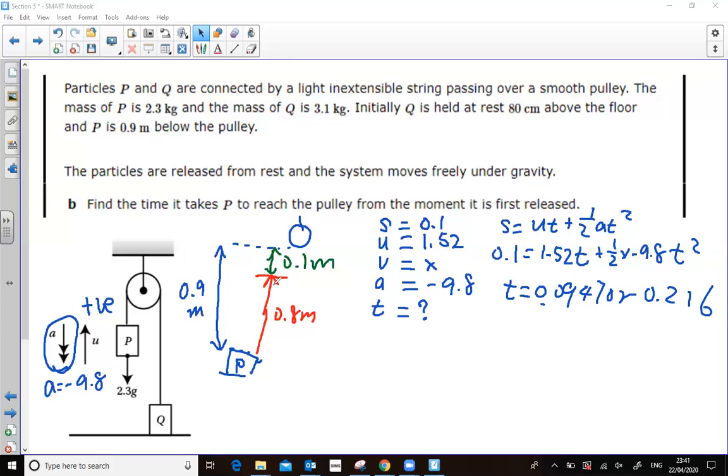Okay, so imagine P is here and I start to reach to the pulley, and the first time it will reach the pulley will be this answer. So that would be the smaller answer. Okay.